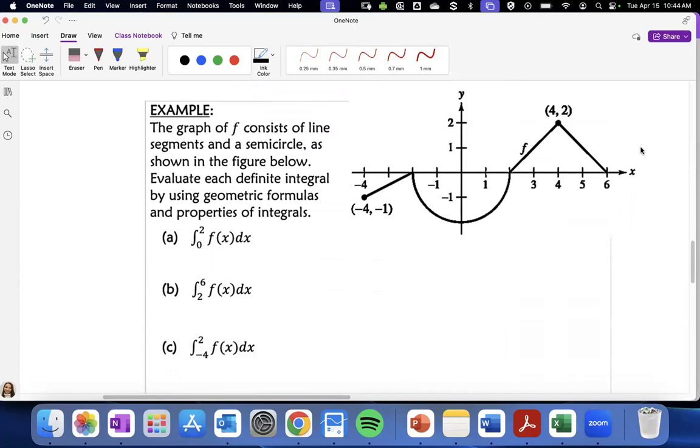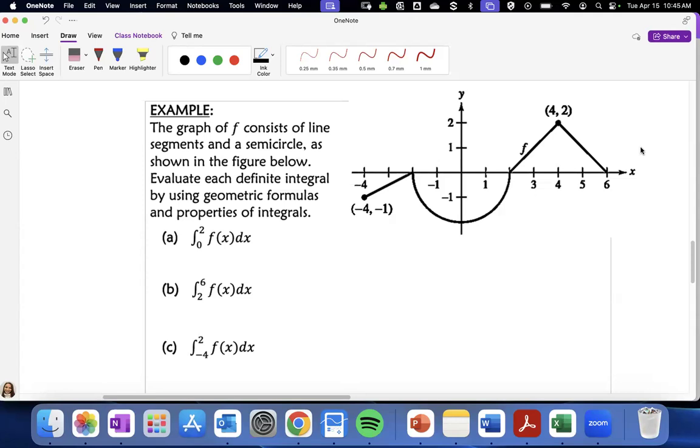Okay, so I am giving you one graph, and we're just going to do A through J based on this graph, okay? Now we're going to analyze the area under the curve.